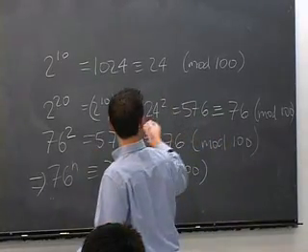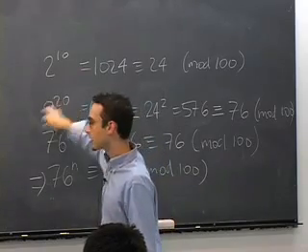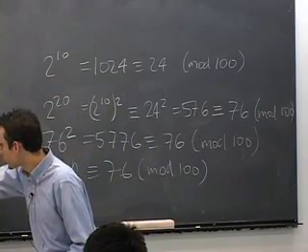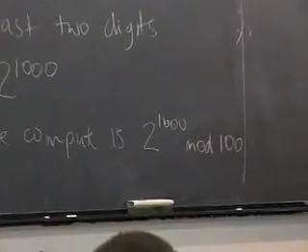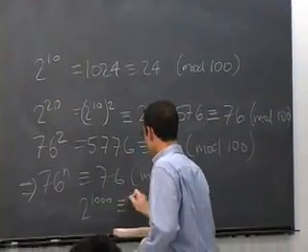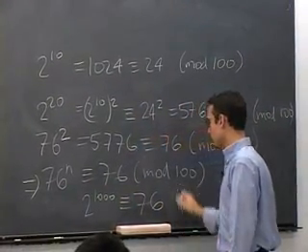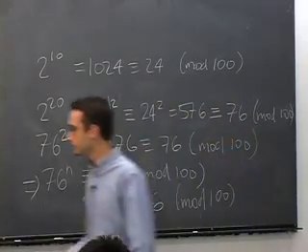And so 2 to the 1,000 is this 2 to the 20 raised to the power 50, so 2 to the 1,000 is congruent to 76 modulo 100. So the question is answered. Very, very simple.